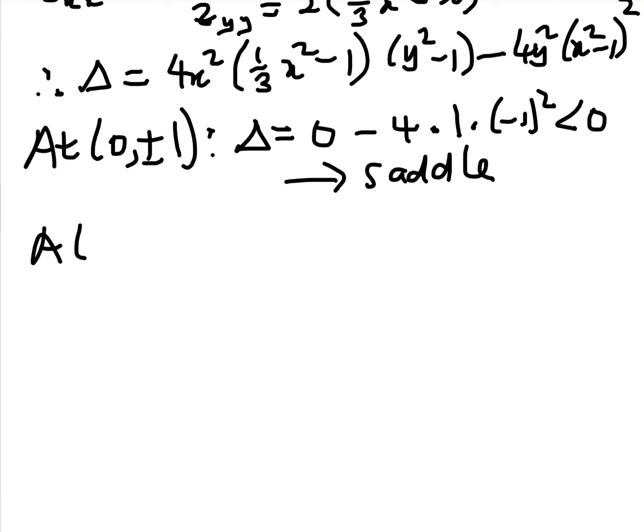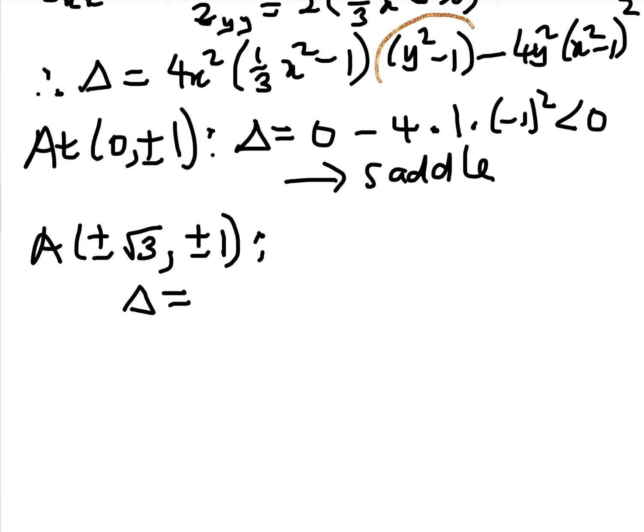Right. Now at the points with coordinates x equal to plus or minus root 3 and y coordinate plus or minus 1, we can deal with this simultaneously. We get the delta is equal to, well, it's clear that if you put y equal to plus or minus 1 into that term there, that will be equal to 0.